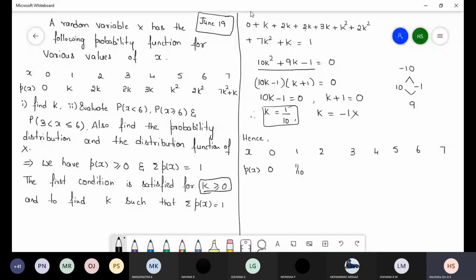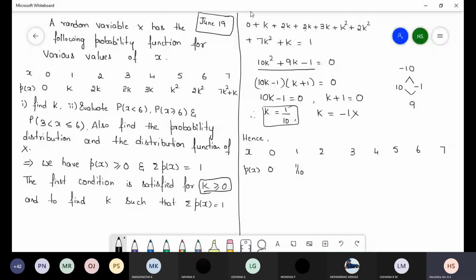Next, p of x less than 6. So p of x less than 6, numbers we have from 0 to 5. So P of 0, P of 1, P of 2 plus P of 3 plus P of 4 plus P of 5, because less than 6.